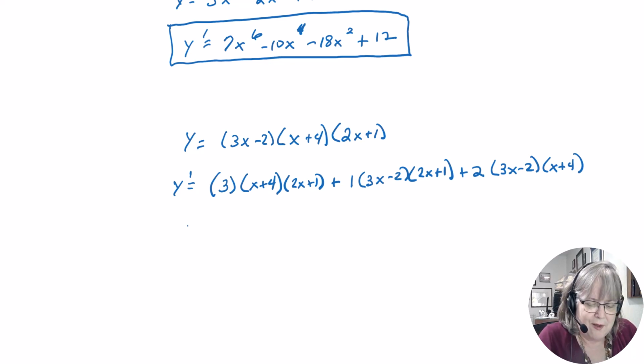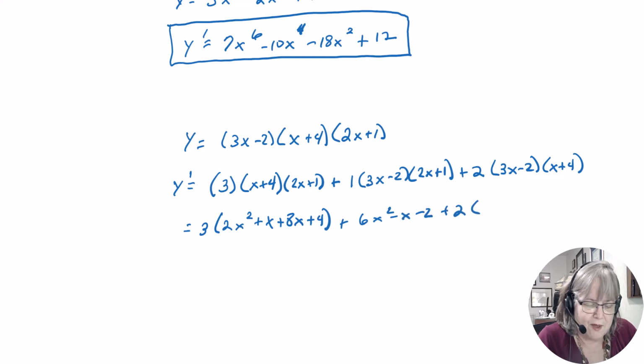All right, so it'd be 3 times 2x squared plus x plus 8x plus 4 plus 6x squared minus x minus 2 plus 2 times 3x squared plus 10x minus 8. I'm not sure why I didn't combine that while I was going, but I didn't.